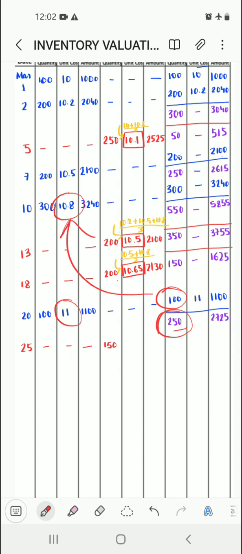So that is why we are going to find the average of 10.8 and 11, because previous lots are over. Because this 150 that we are issuing right now is being issued from this 11 rupees lot and this 10.8 rupees lot, so we are going to find the average of 10.8 and 11. So let's do it.